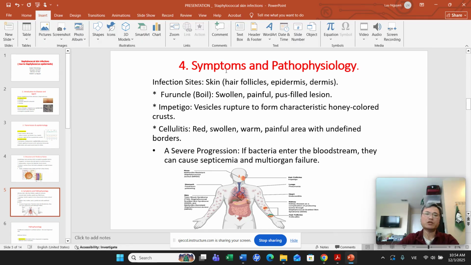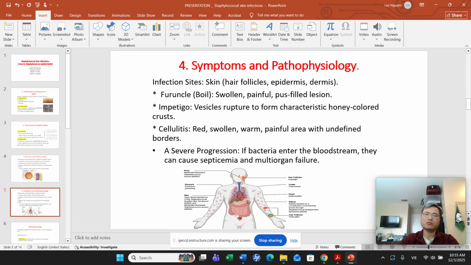4. Symptoms and pathophysiology. We can see some infection signs, for example, in the skin, including hair follicles, epidermis, and dermis. The first clinical form is furuncle.